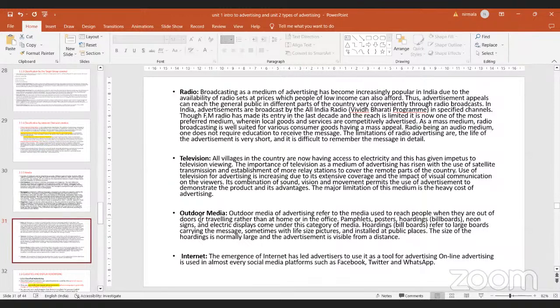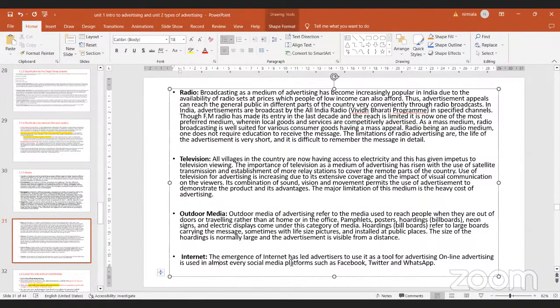But the one disadvantage is you have to travel through the place, then only you can see it. And the internet, with the emergence of the internet, has also led advertisers to go for online advertising.